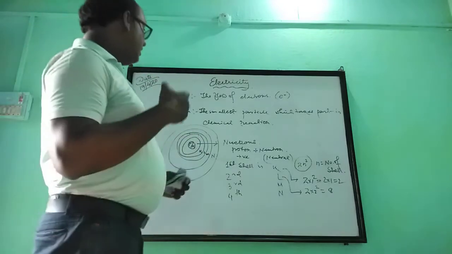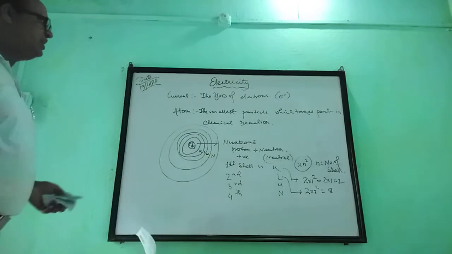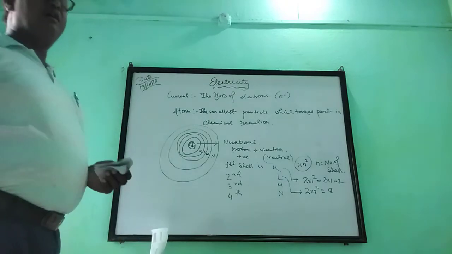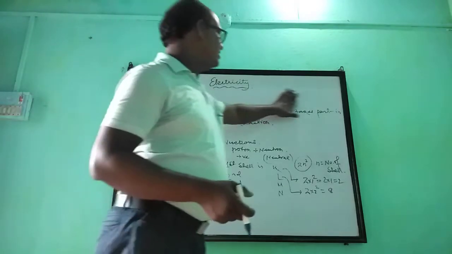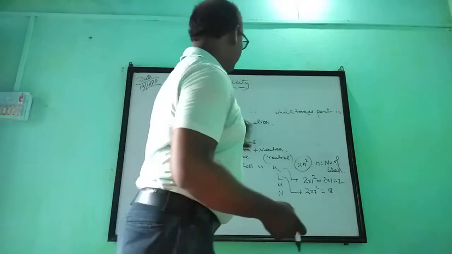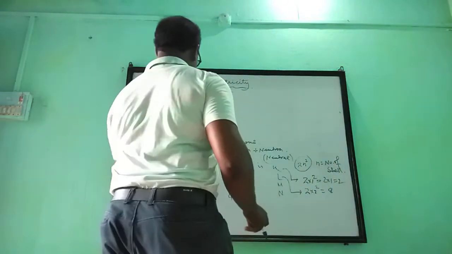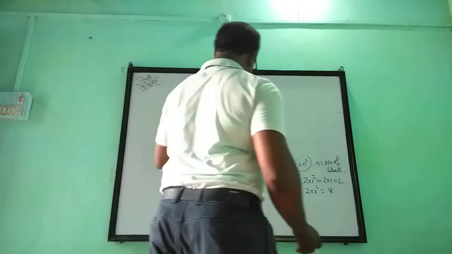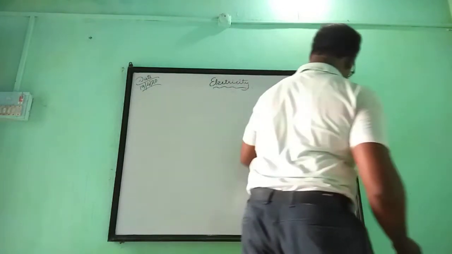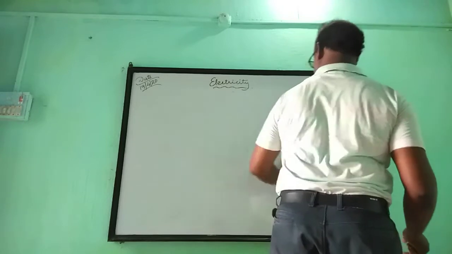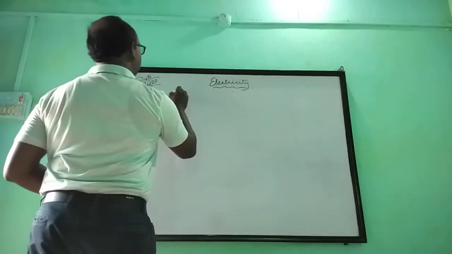Now, we are reading about charge. We know that there are two types of charges, negative and positive. So, how is a charge produced? What is charge?